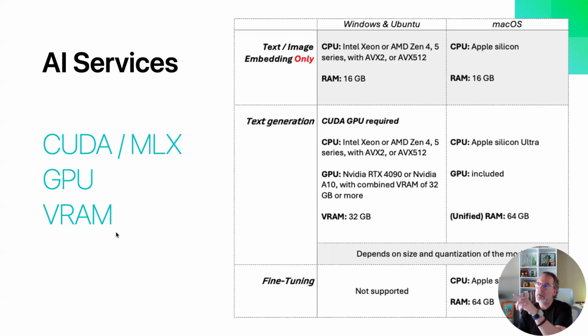The reason why the word only is in red in that first row is, for those of you who were here when we talked about models and dimensions and parameters, dimensions is the size of the output of a model. The parameters is how brainy the model is, how smart it is, measured in billions of parameters.